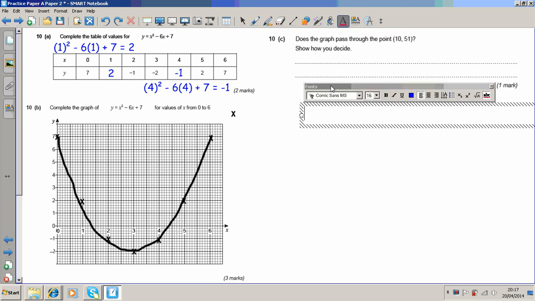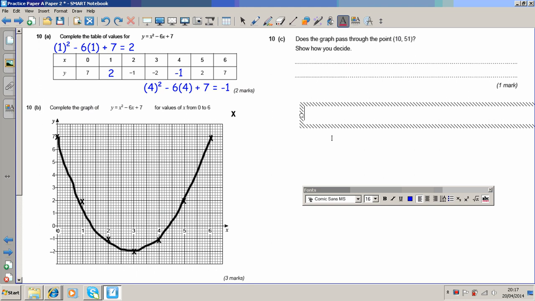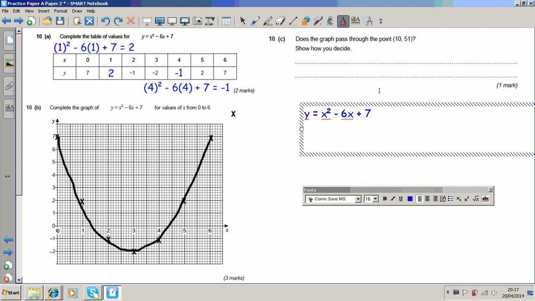Does the graph go through the point 10, 51? So there's our rule. If it goes through this point, well, x is 10, y is 51, so that should be true. So if I put 10 into this, then I should get 51. So 100 minus 6 times 10 is 60, plus 7.